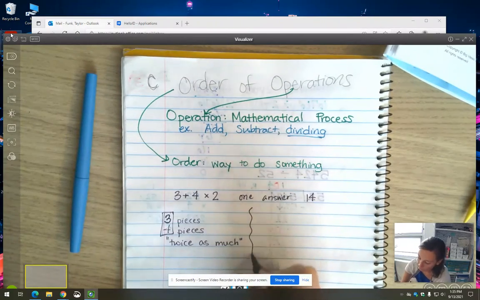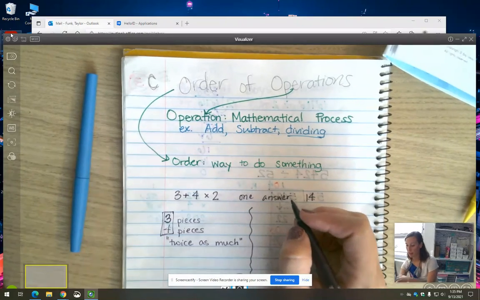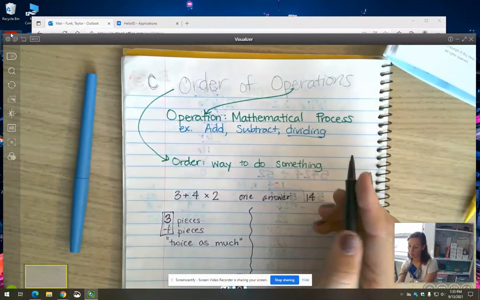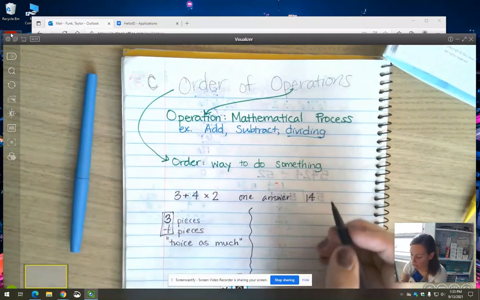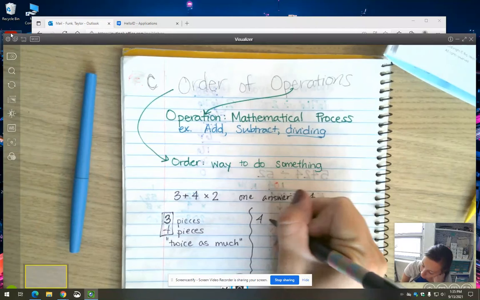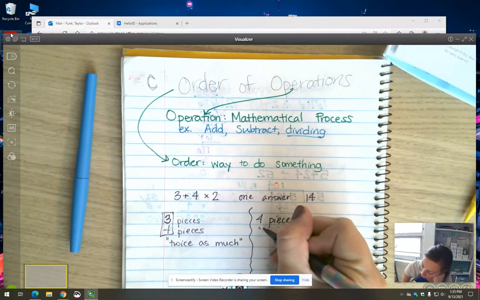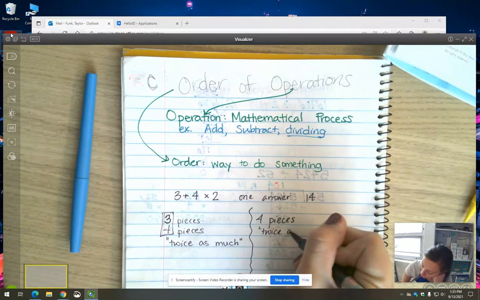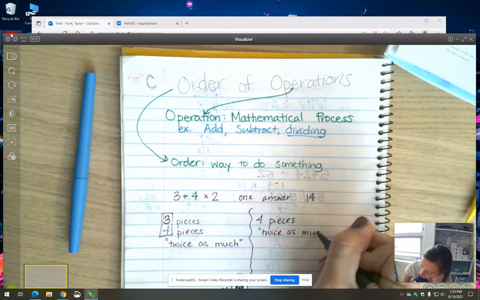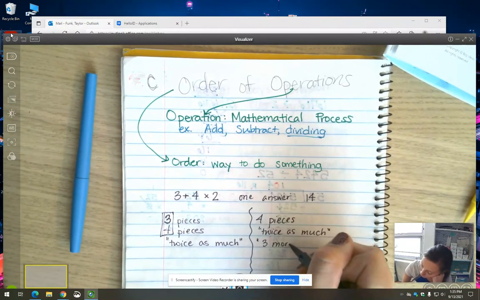But another story the numbers could tell is that I had 4 pieces of candy, and my friend had twice as much as I did, and that a third friend had 3 more than twice as much.